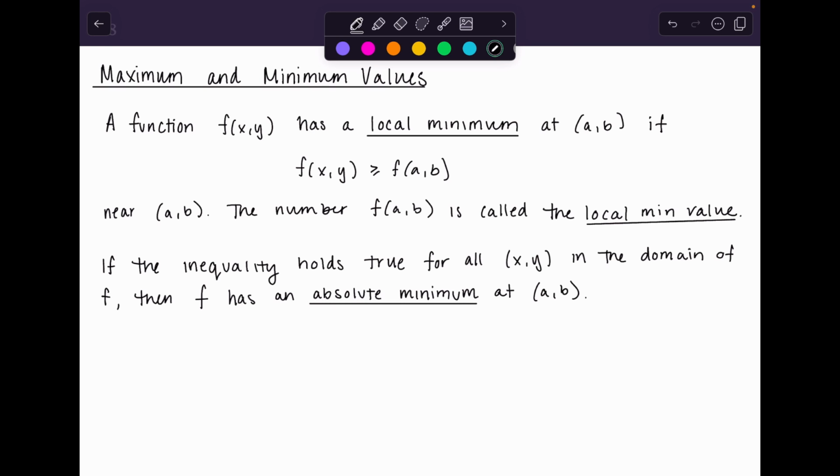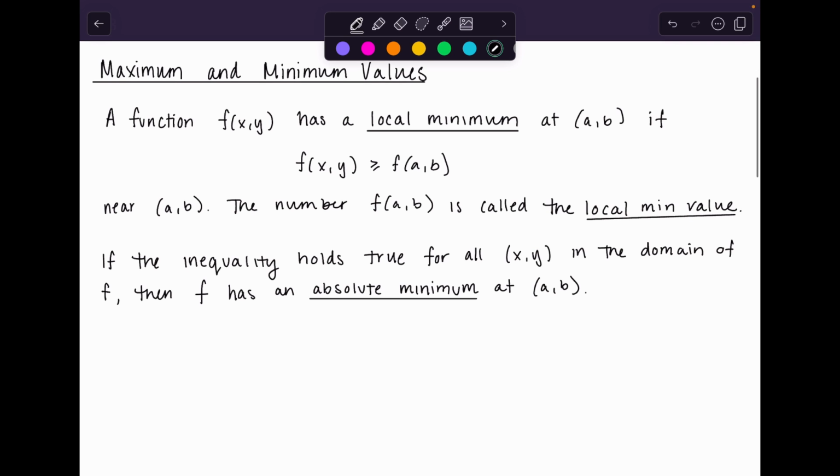So absolute is much harder because it has to hold true always.